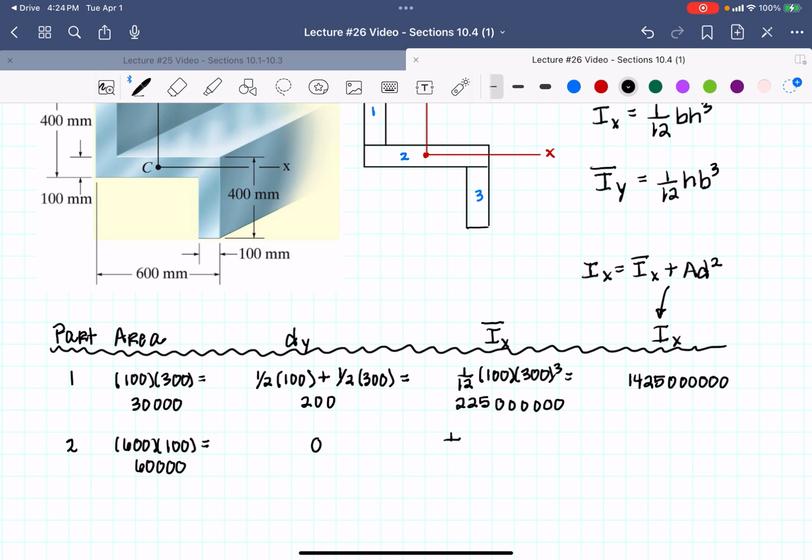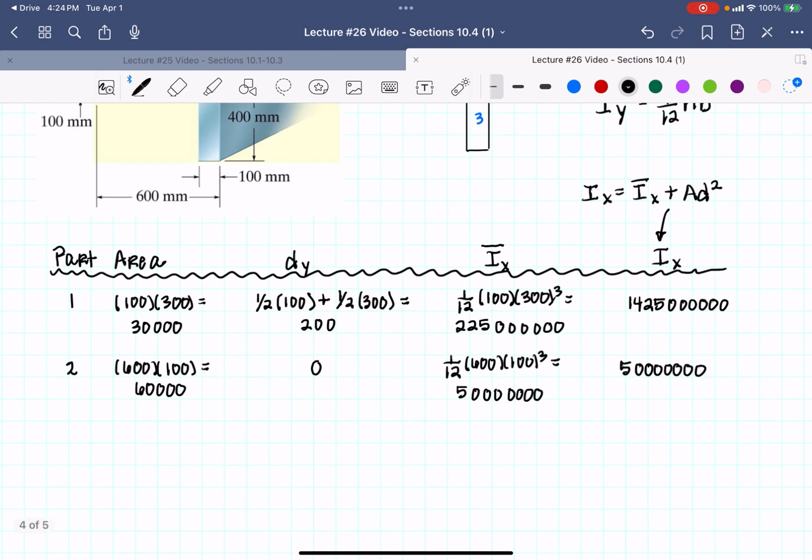And this is 1/12 times its base, which is 600, times its height cubed, which is 100 cubed, equals 5 with 7 digits after it. And so I of X is going to be the same because there is no D.